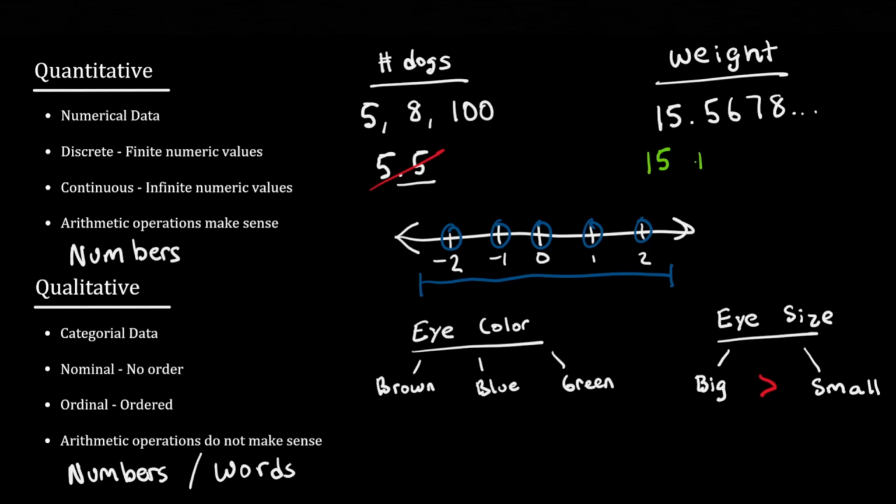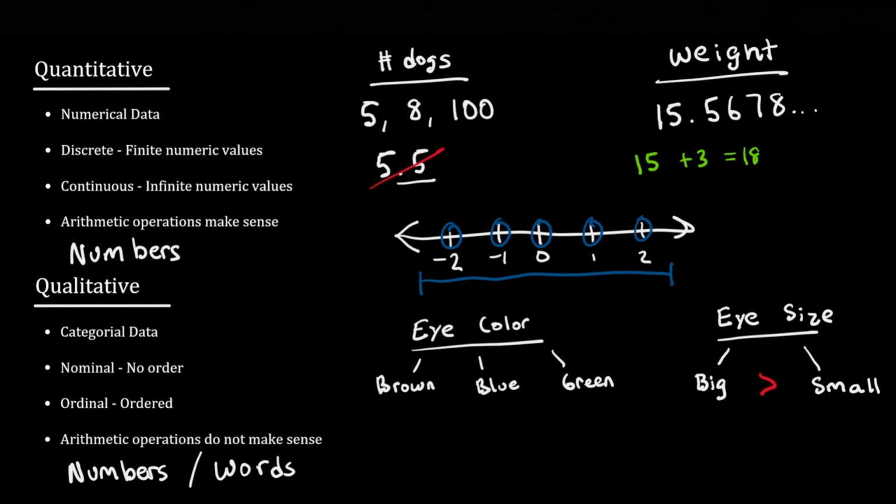We can add 3 pounds to this and get 18 pounds. Adding 3 results in a meaningful interpretation. If we look at our qualitative variable eye color, if we add 3 to brown, then we get brown plus 3. This doesn't really have a meaningful interpretation, so we can say that this variable is indeed qualitative.